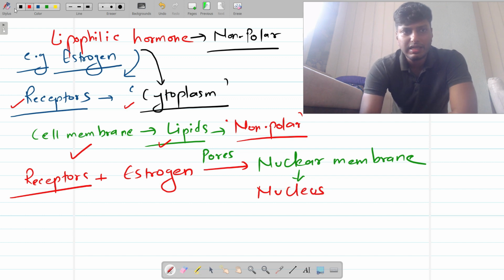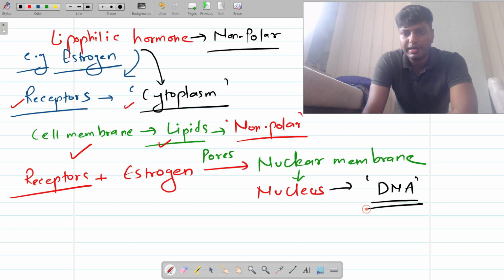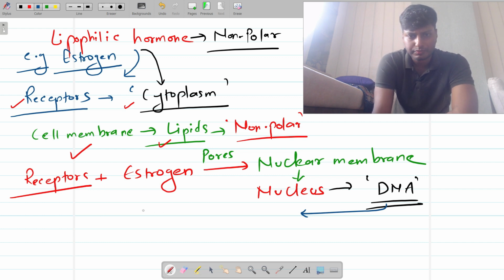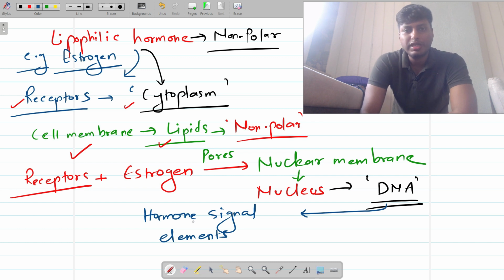Now once they enter inside the nucleus, we all know that inside the nucleus we have genetic material which is in the form of DNA. Now on the DNA there are special kind of sequences which are called the hormone signal elements. So these are specially present on the DNA.